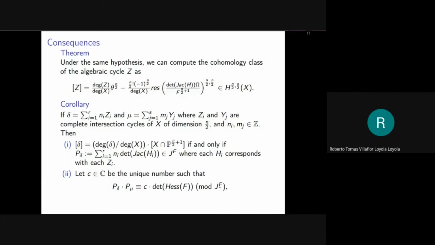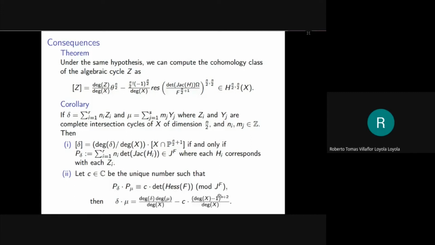So this unique number that satisfies this equation is the only information that we need in order to get a formula for computing the intersection number of these two algebraic cycles. And the formula is the following.